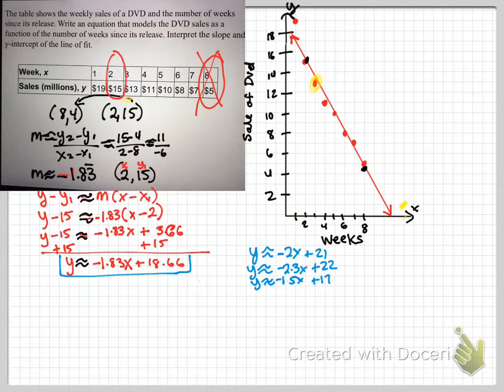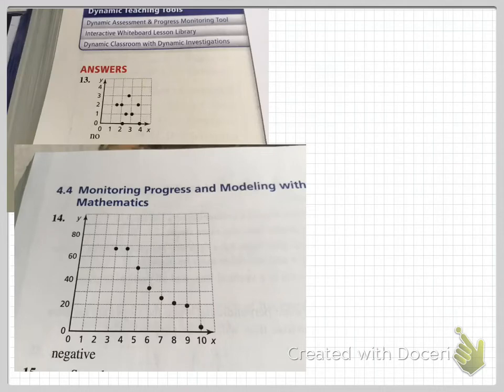The next thing we need to do is interpret our slope. Okay, so I'm going to go on to the next page. And remember, I'm going to skip 2 pages. So remember when we had this represents DVD sales, and then this represents weeks.